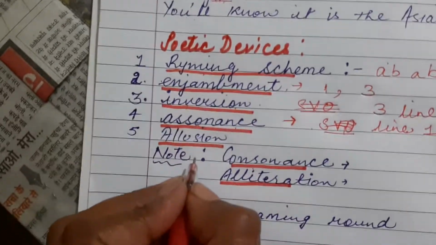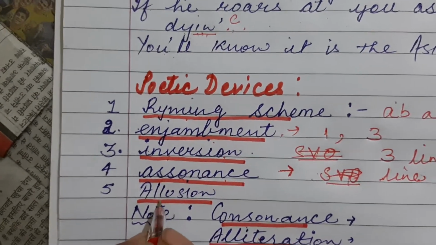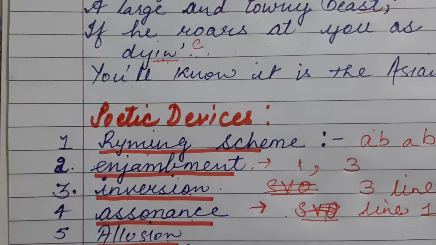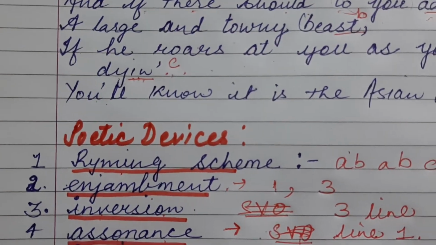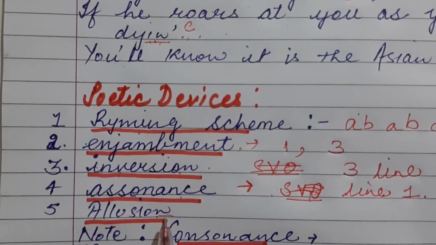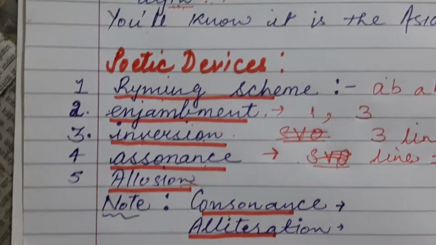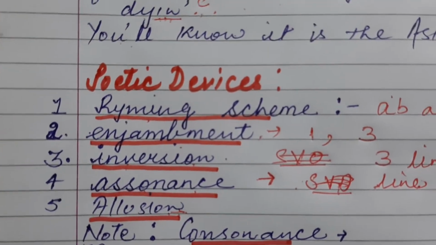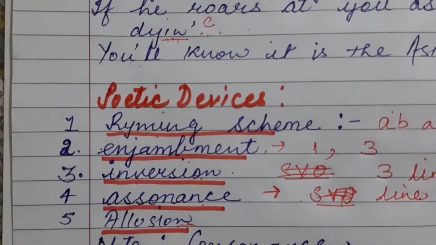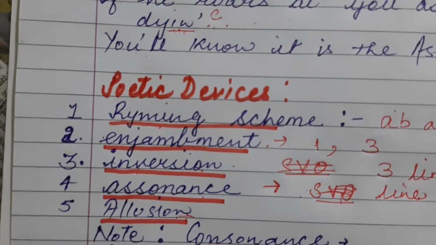So next, after assonance, the next poetic device is allusion. This is new to you because the other poetic devices we discussed in class 9 as well, but allusion is the first poetic device that we are going to do in class 9. Students, allusion is a poetic device that is used when a particular species of an animal or any creature is described.